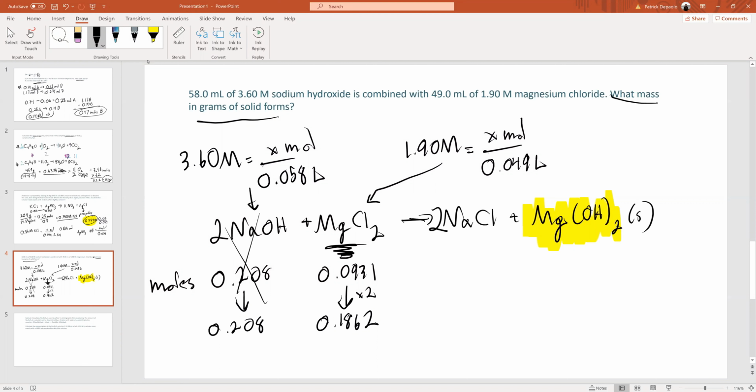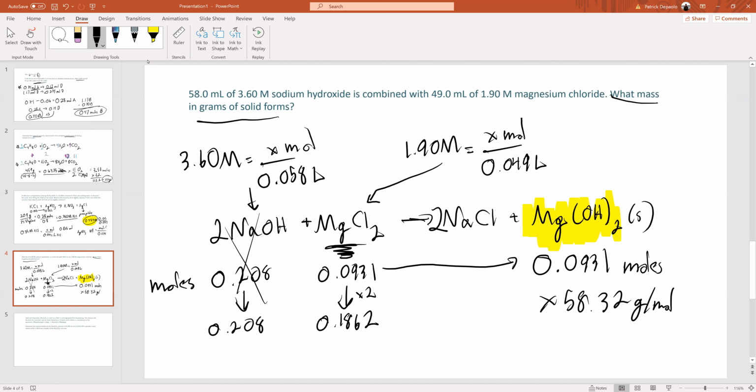So this MgCl2, since it runs out first, the relationship between MgCl2 and Mg(OH)2 is a 1-to-1 in our balanced equation. So if we have 0.0931 moles of MgCl2, this would correspond to the same exact amount, 0.0931 moles of Mg(OH)2. Now from that, we can multiply by the molar mass of Mg(OH)2, 58.32 grams per mole.